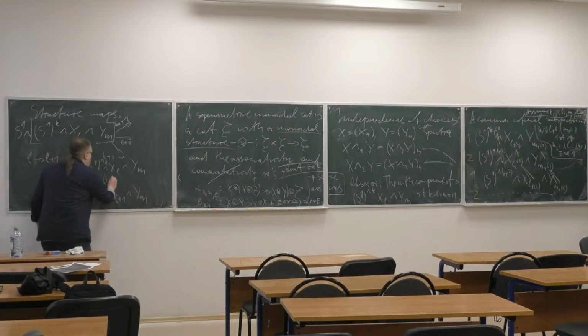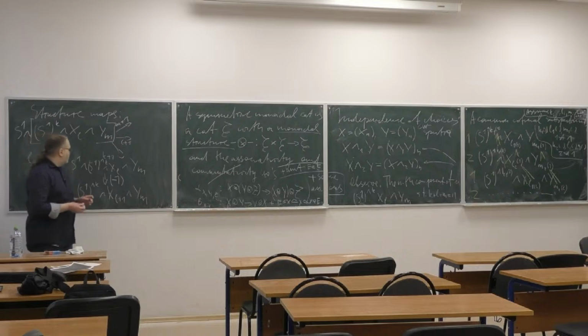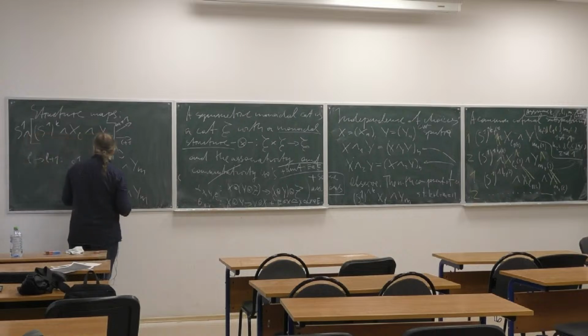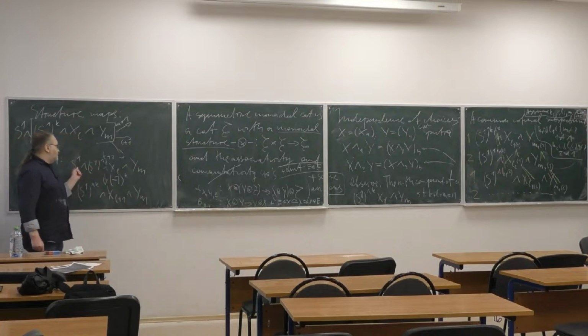So we need to put here -1 to some power, and this power is, well, basically we swapped S1 with S1 k times, so the power is -1 to the k.